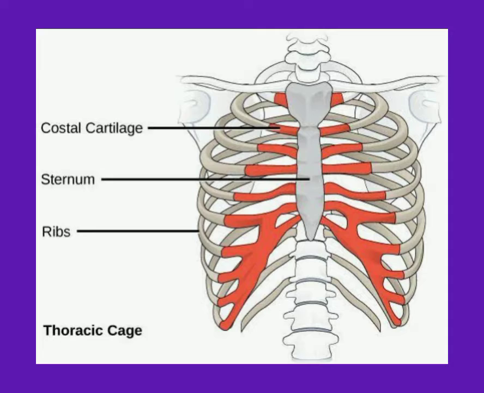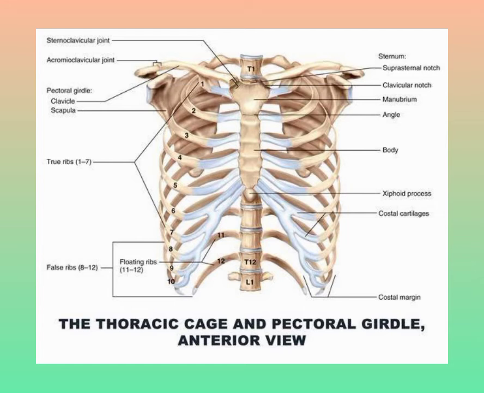In order, let us discuss first the sternum. The sternum is a flat bone on the mid ventral side of the thorax. It consists mainly of three parts. Observe this diagram: first the superior part, second the middle part, and third the inferior part.